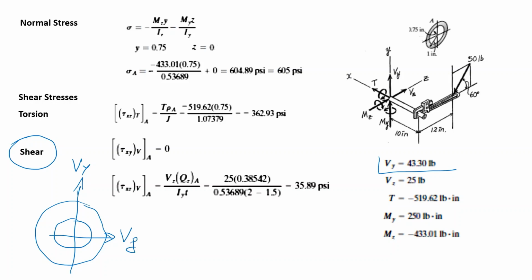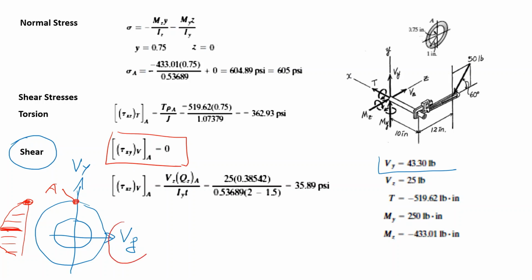If you consider only Vy, your shear stress distribution will look like this. Your maximum is in the middle; on the surface it's 0, and my point A is also on the surface. So you see the stress due to Vy is equal to 0.